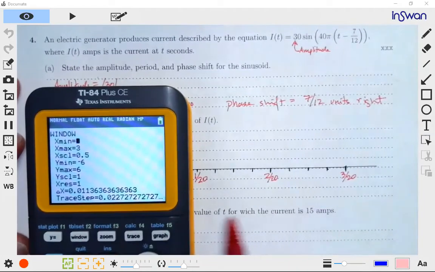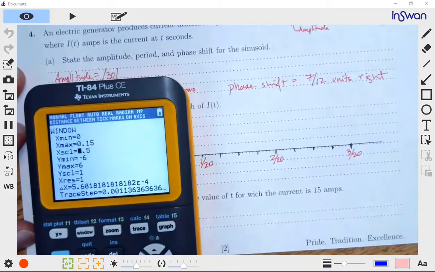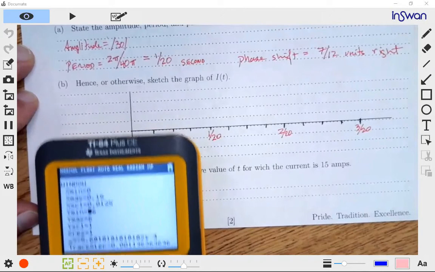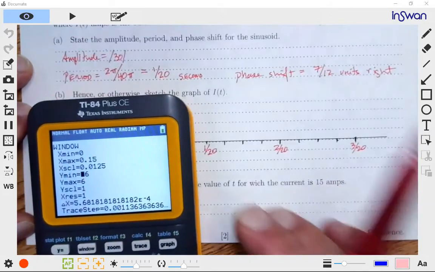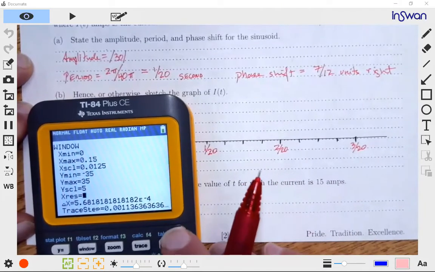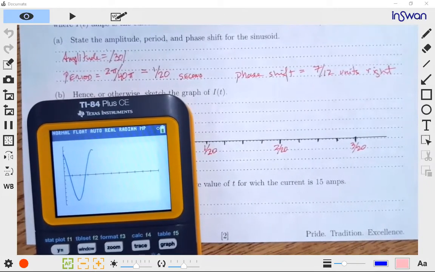For my window, I'm going to go from 0 to 3/20ths, with tick marks every 1/80th, because that's 120 divided by 4. My amplitude is 30, so I'm going to make sure I can see from negative 35 to positive 35, with tick marks every 5 units. I'll go ahead and graph, and so I can see what my graph looks like.